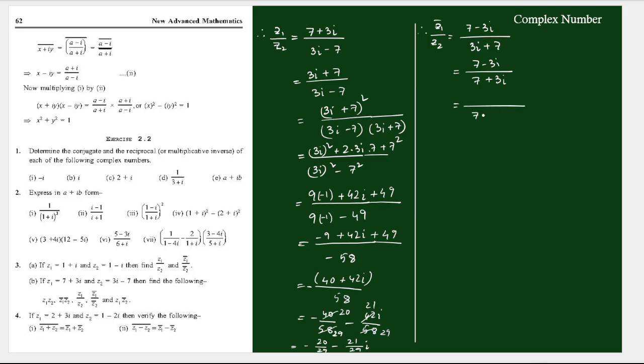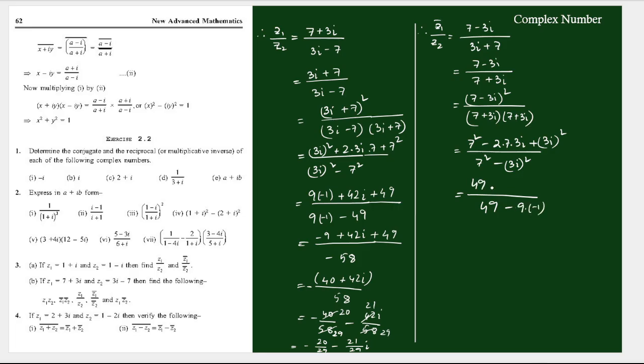Then multiply with the conjugate. It will become whole square. Then this will be the same, 7 square minus 3i whole square: 7 square minus 2 into 7 into 3i plus 3i whole square. So 49 minus, this will be 9 into minus 1, since i square is minus 1.